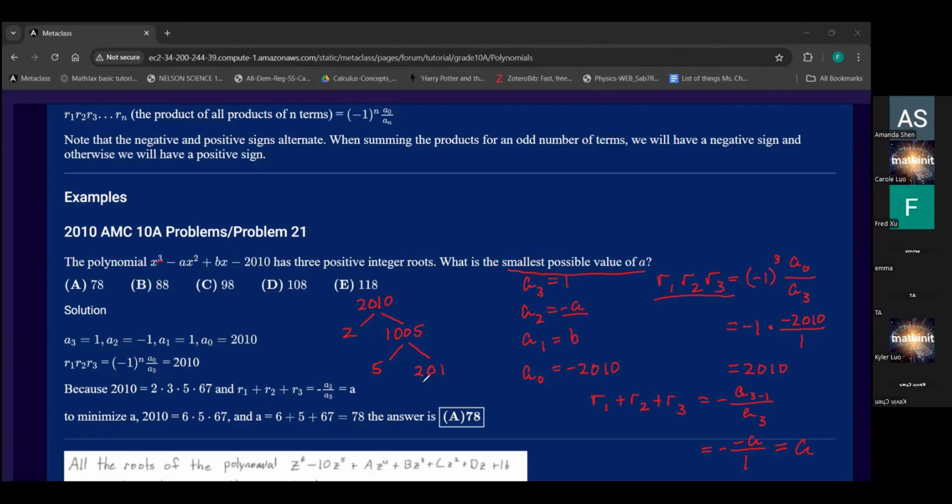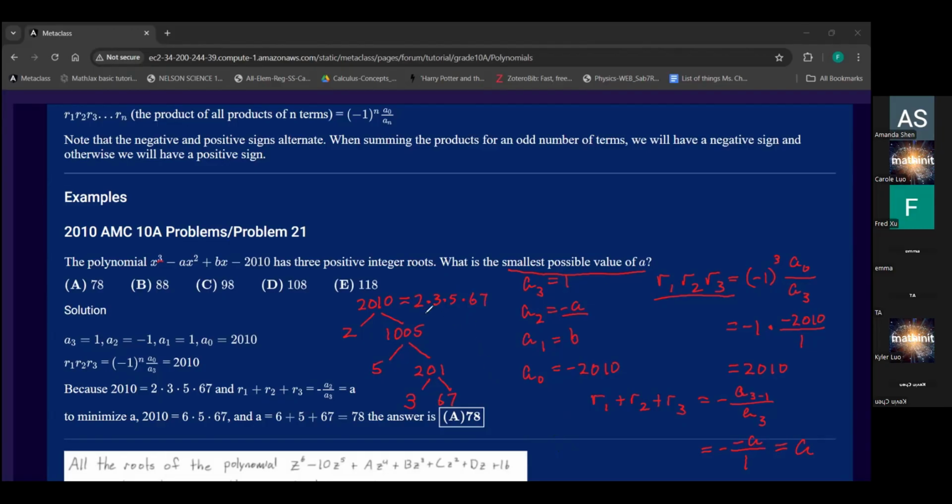In 201, 2 plus 1 is equal to 3, and the divisibility rule for 3 is that the sum of the digits has to be divisible by 3. 3 is divisible by 3, so we automatically know 3 is another prime factor of 2010. And this divides into 67, and 67 is another prime number. So 2010 is equal to 2 times 3 times 5 times 67.